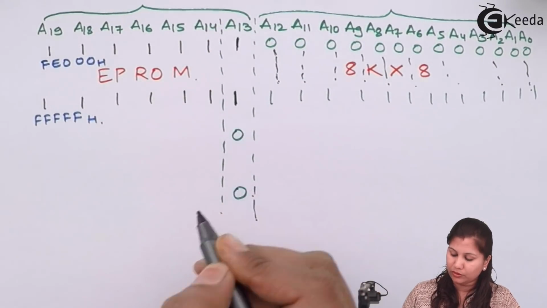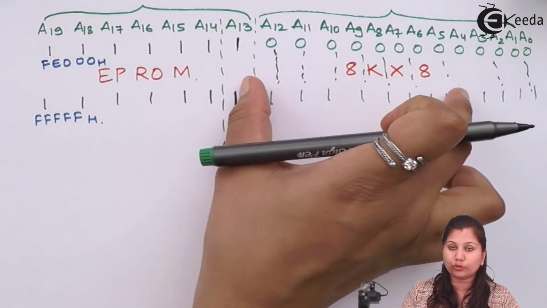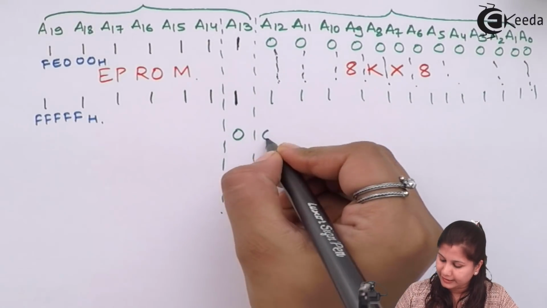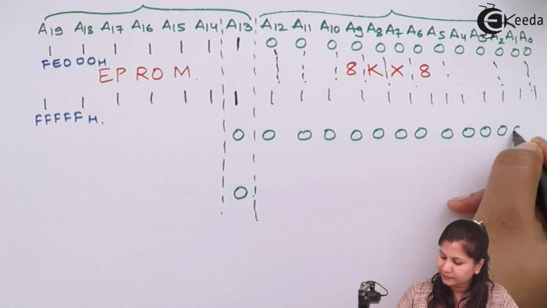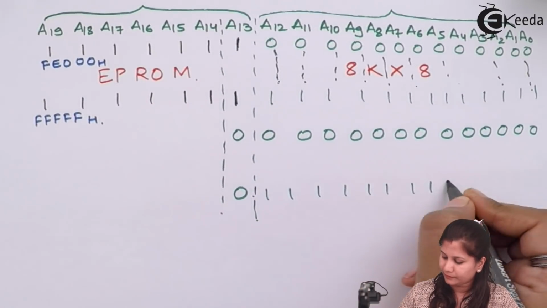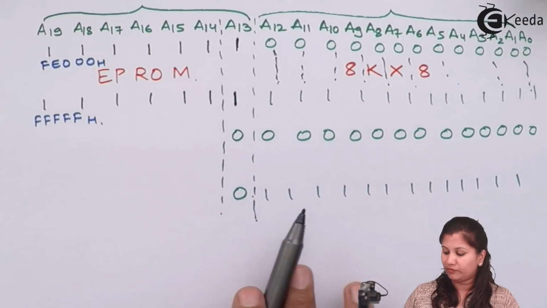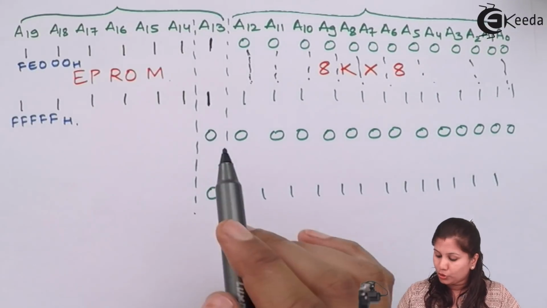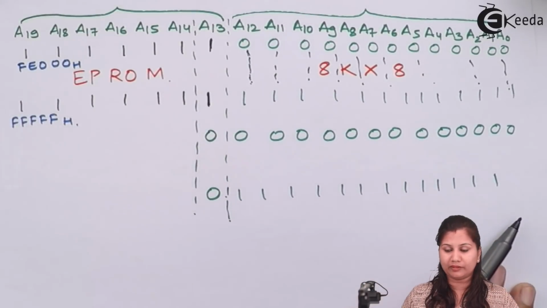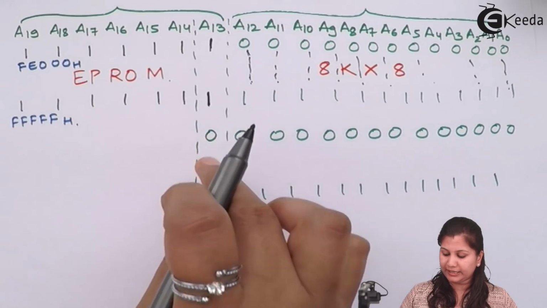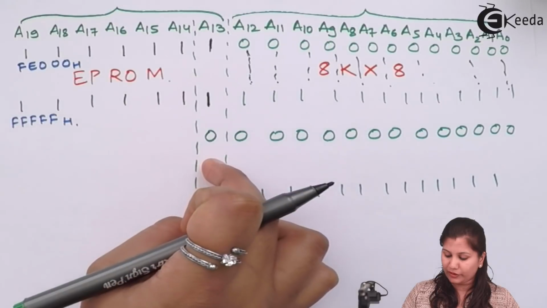We can have 0 for the RAM, and these 13 address lines, A0 to A12, can take any value from all 0s till all 1s. We are taking A13 to select the ROM and the RAM. So this is for RAM.